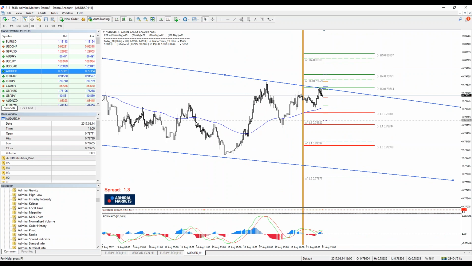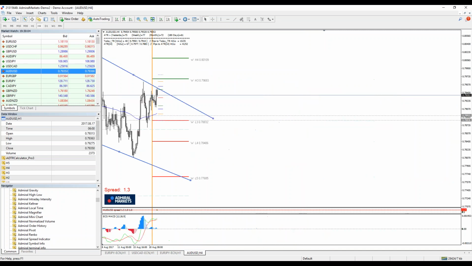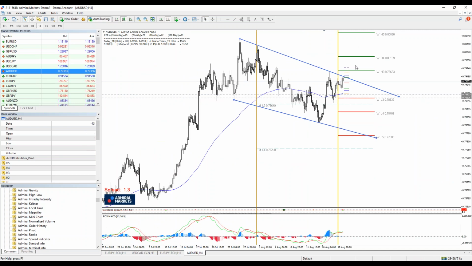Okay, you see here historical rejection, also bullish order block, WL3, ATR low, daily L4, everything is within this region. And 79.70 is a sell, weekly H3, ATR projection high, and previous swing.